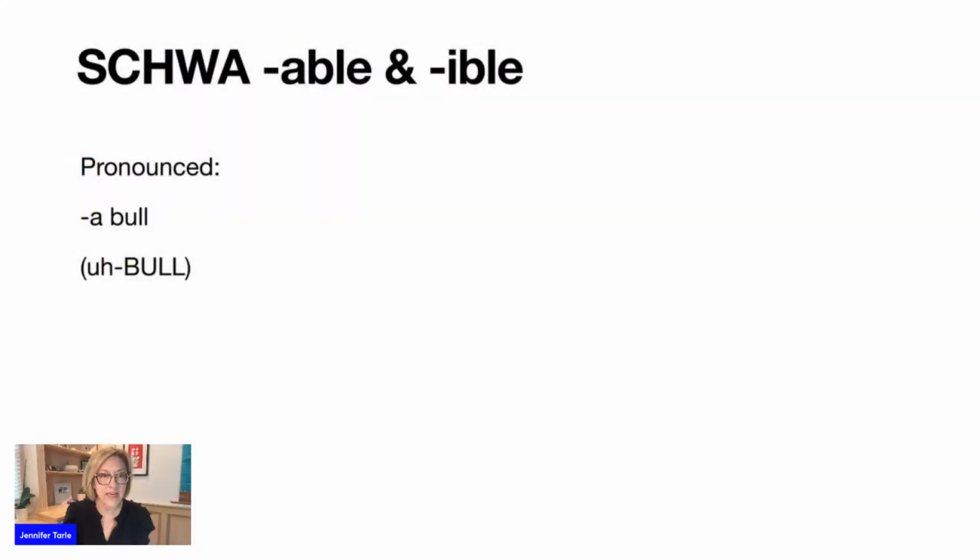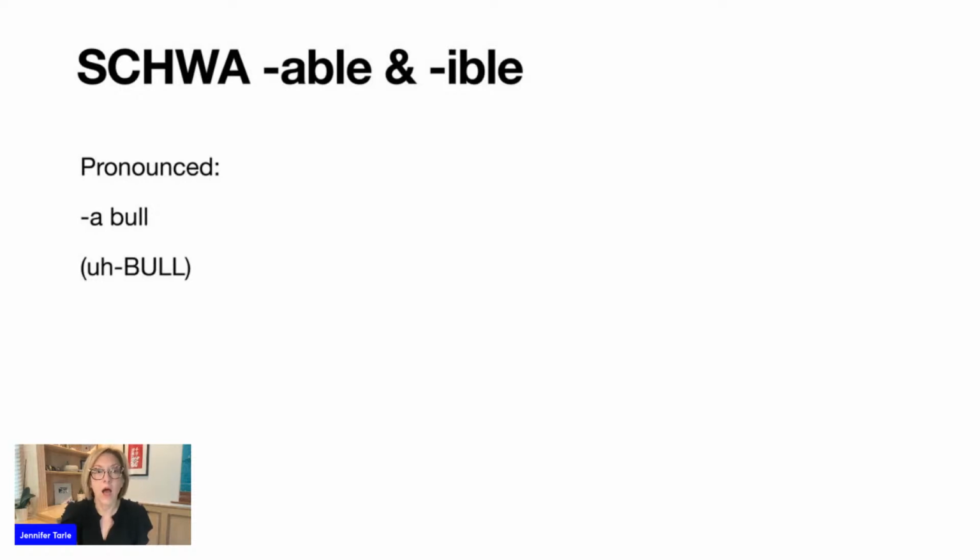Okay. So our suffix for today that we are going to talk about is the ABLE and the IBLE. Most of the time, we are going to spell this suffix with ABLE, and there are situations where we do use the IBLE, but both of these are pronounced exactly the same.